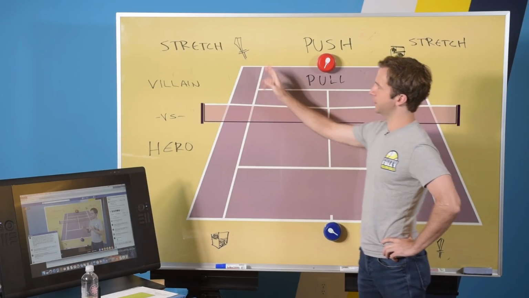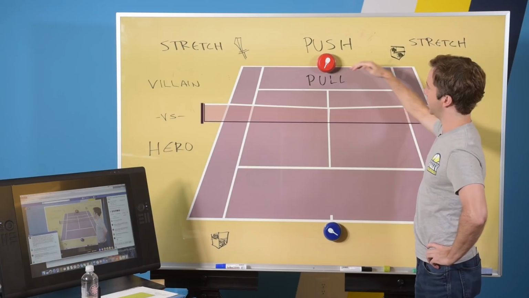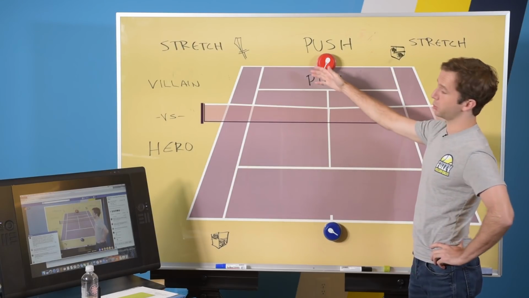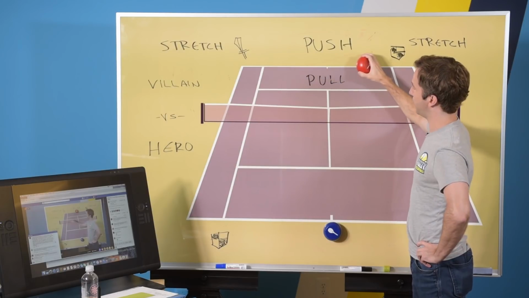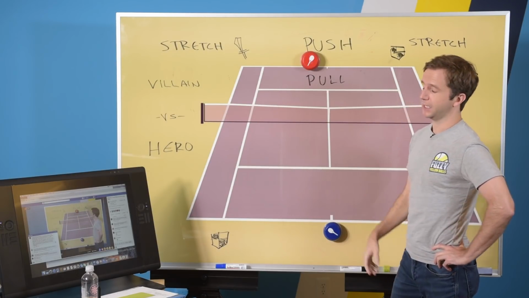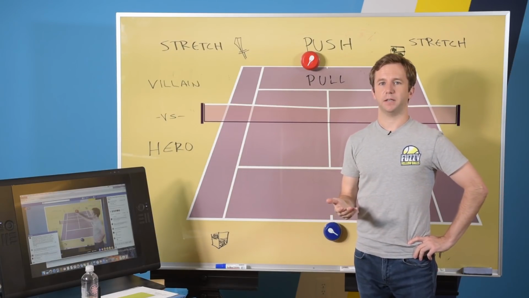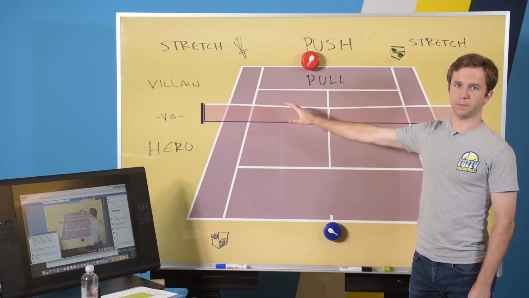And so you can stretch villain, you can push them back, you can obviously stretch them on the other side, you can pull them in, and then the last one, which is not written up here, is you can hit behind them. So if villain's going that way, you hit behind them, they have to stop and turn around and get to the ball. But the key here is that we're trying to affect villain's court position.